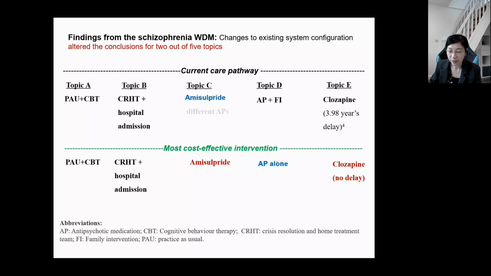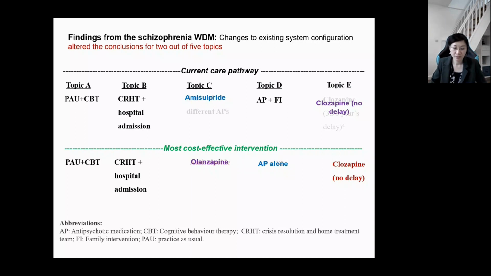So I also tried to change the intervention for topic E by replacing clozapine with 4 years delay with clozapine with no delay. And I found that this change leads to a change of conclusion for topic C. So when we provide clozapine to patients with treatment-resistant schizophrenia with no delay, the most cost-effective first-line antipsychotic for people with first episode psychosis becomes olanzapine.